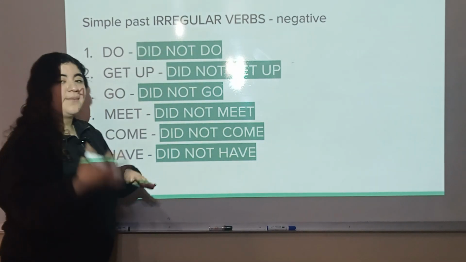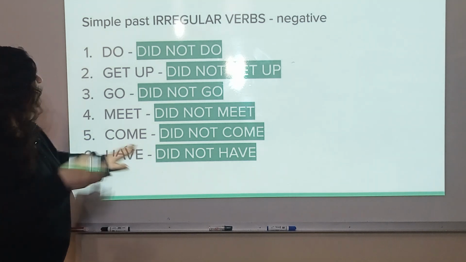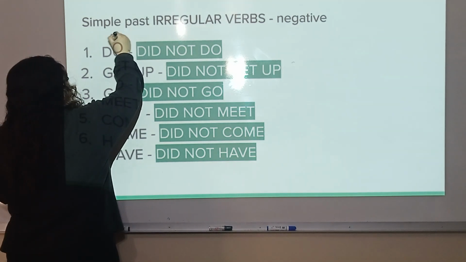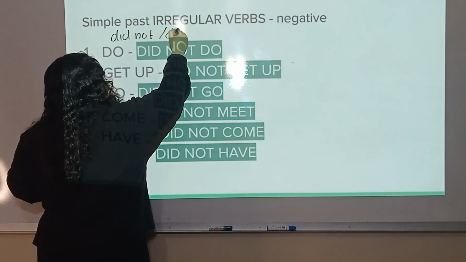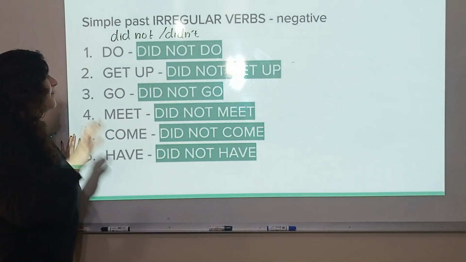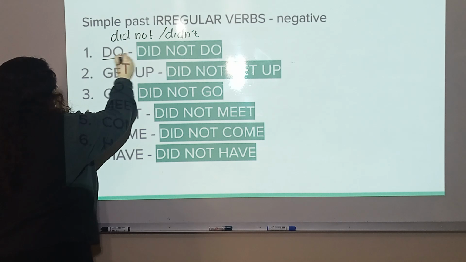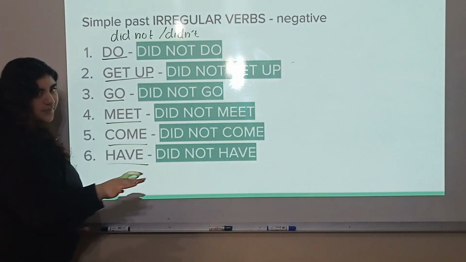But when we're talking about negative, we are going to do something very similar. Here, we're going to still add did not or didn't to make it negative. But again, we have to respect that the verb is going to stay in its base form.